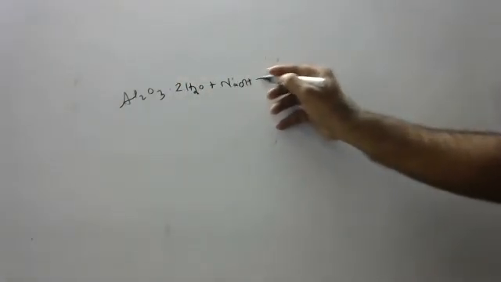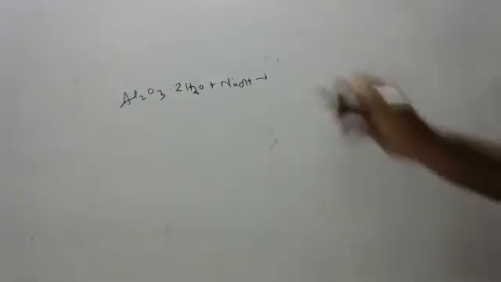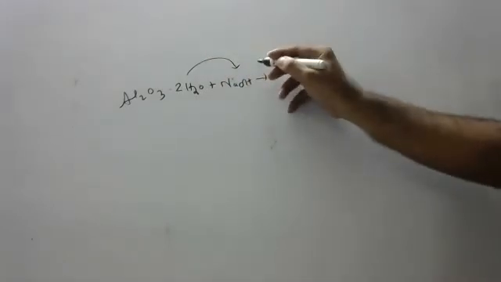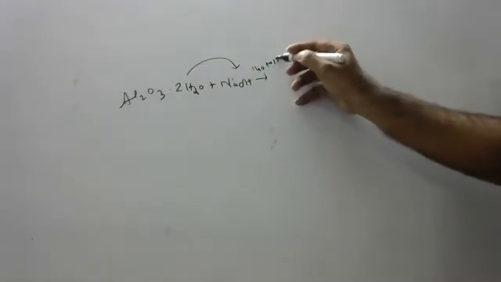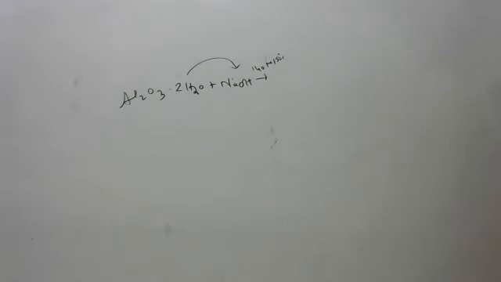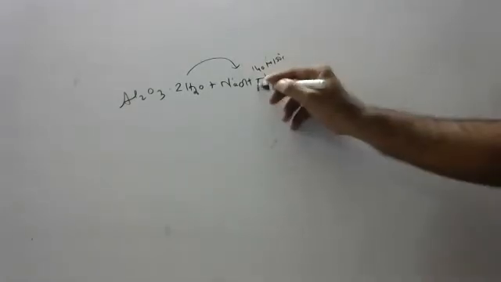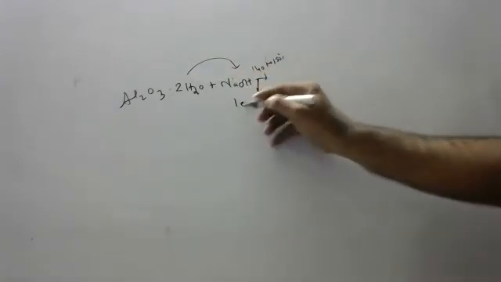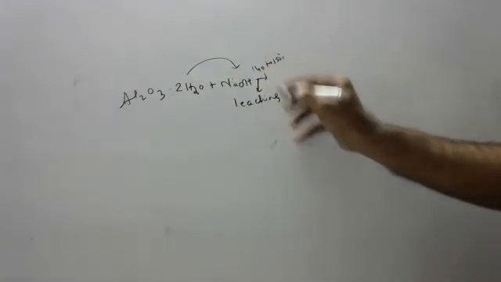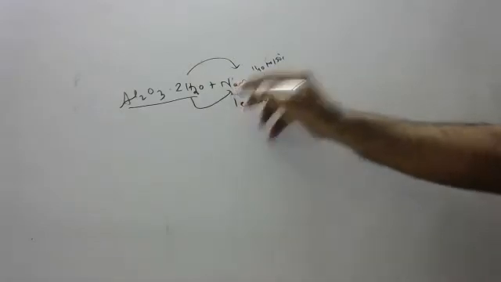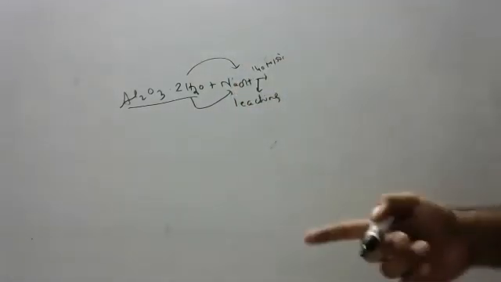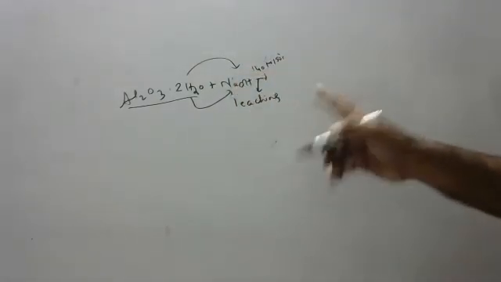Finally it is powdered and heated at 140 to 150 degrees. This process is called leaching. Leaching means when this powder is heated with NaOH at a high temperature and pressure.